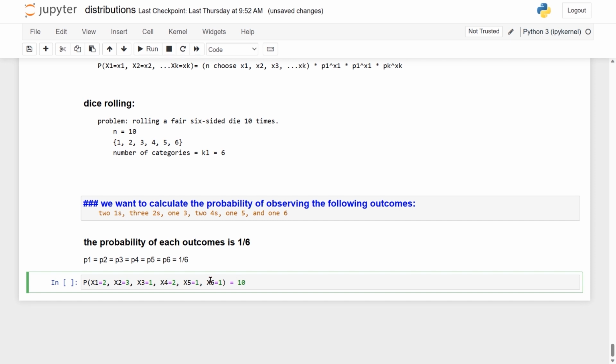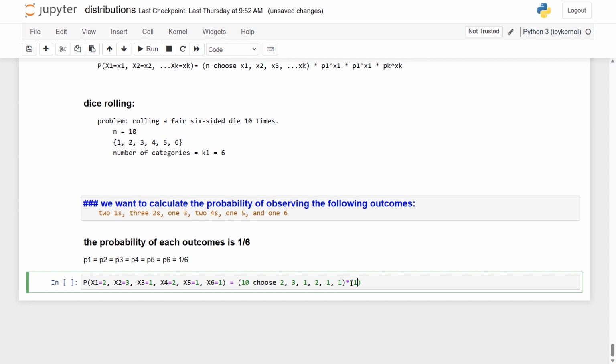So 10 choose 2, 3, 1, 2, 1, 1, and multiply this multinomial coefficient with the respective values.